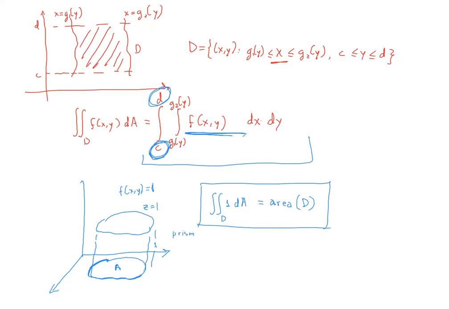That would have been, of course, the case in one variable, where if you integrate the function 1, then you find the length of the interval. But back then, the length of the interval was so straightforward to find that nobody would bother pointing out this specific case. Whereas here, you may actually find cases where finding the area might lead you to a double integral, where you can apply more methods, as we're going to see.